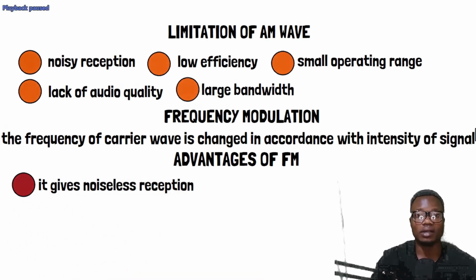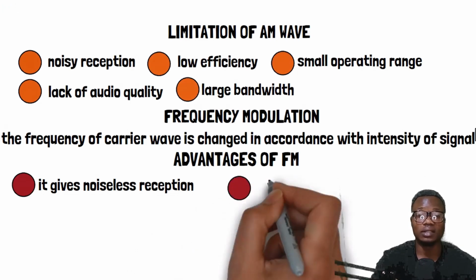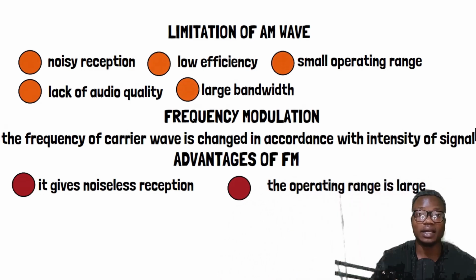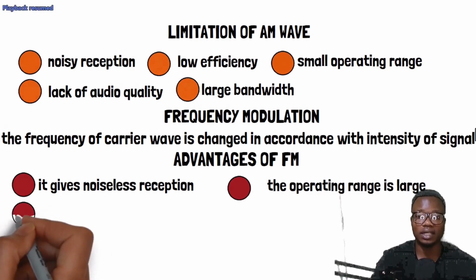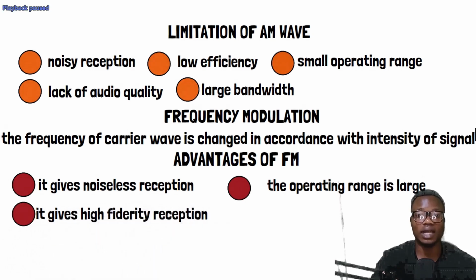Frequency modulation cannot be interfered with by noise. The second advantage is that the operating range is very large; it can travel a long distance. Another advantage is that it gives high fidelity reception.